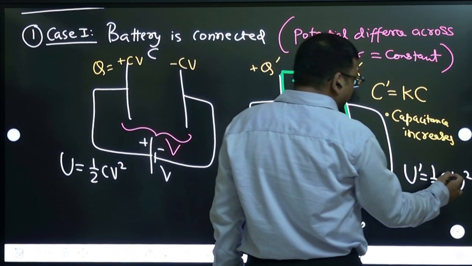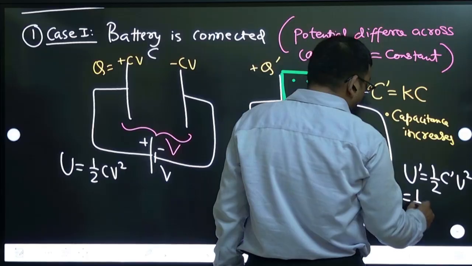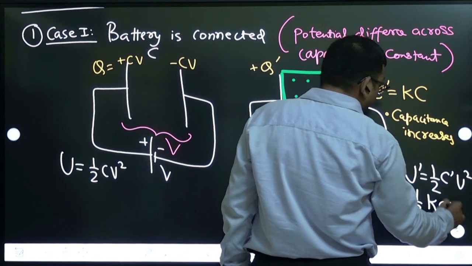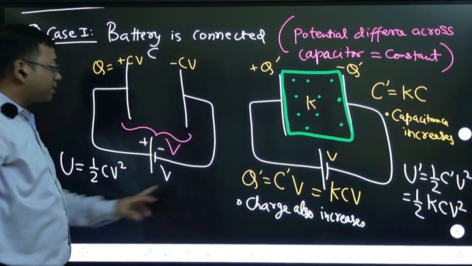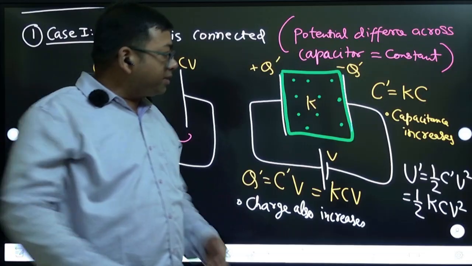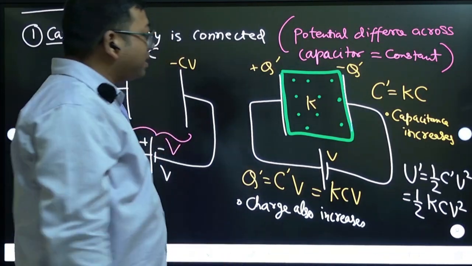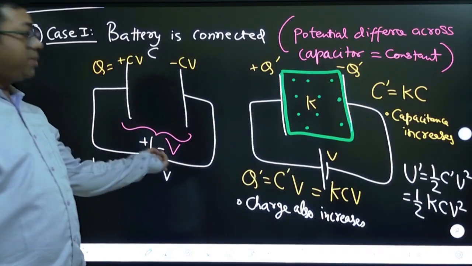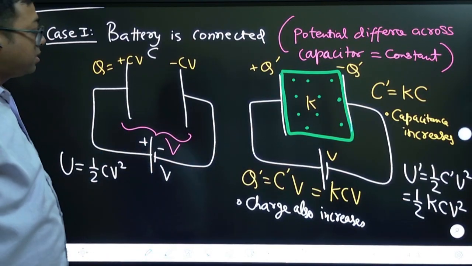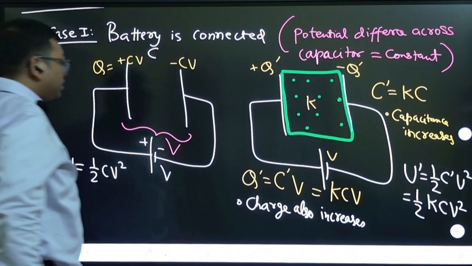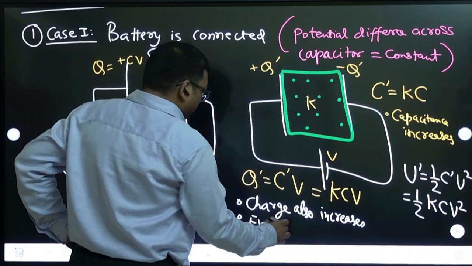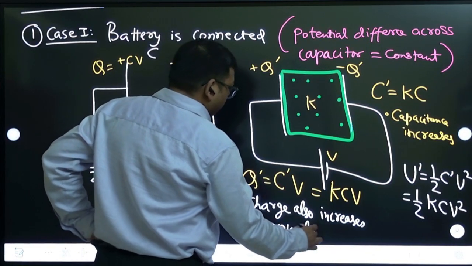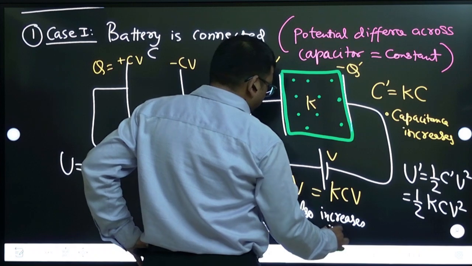C dash has become K times, so half K times C into V square. So energy is also increasing by the same factor K. Everything is increasing by a factor K: charge increases, capacitance increases, energy increases.